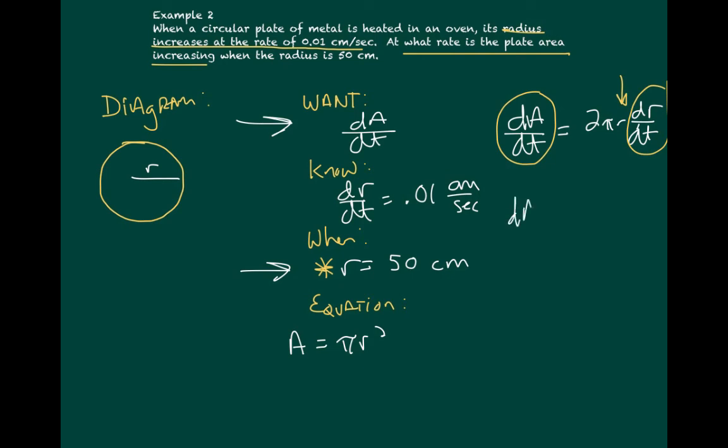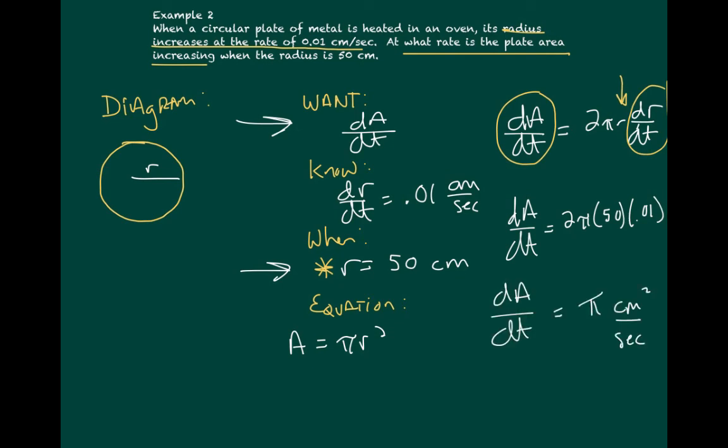So dA/dt equals 2 times pi times r at this instant is 50. This is when we plug in. And then dr/dt is 0.01. Now notice, unlike the other example, this is a positive 0.01 because the radius is increasing. Okay, so we're going to multiply all this out, and dA/dt equals pi centimeters squared per second.